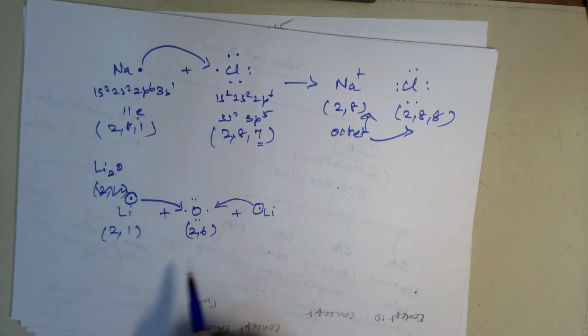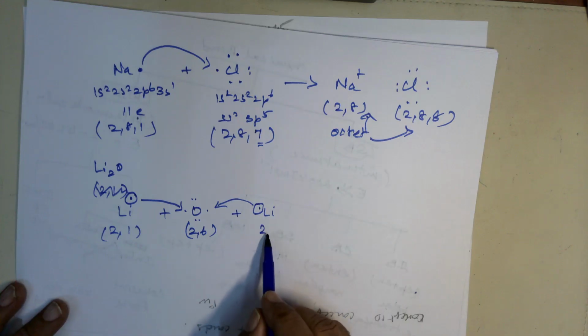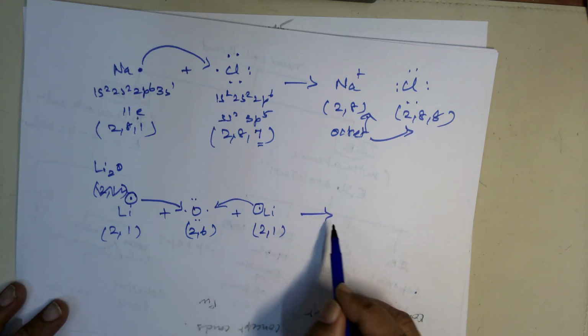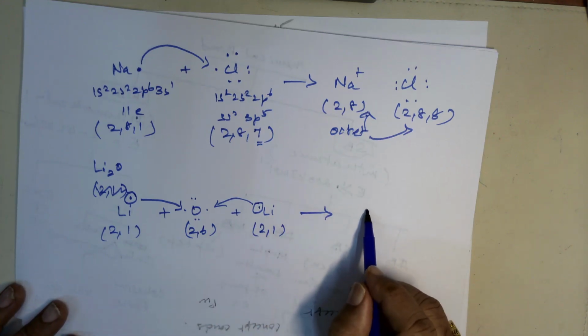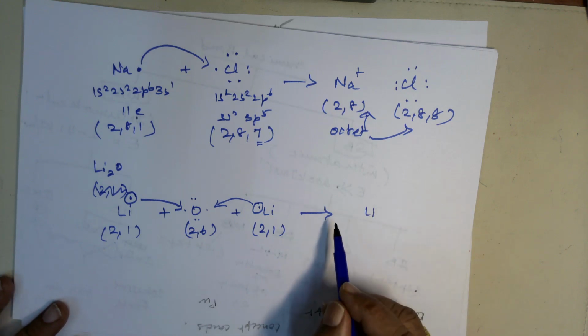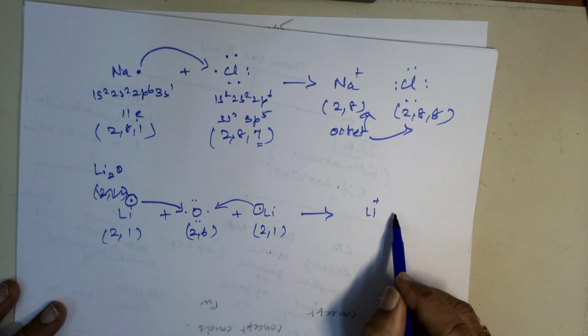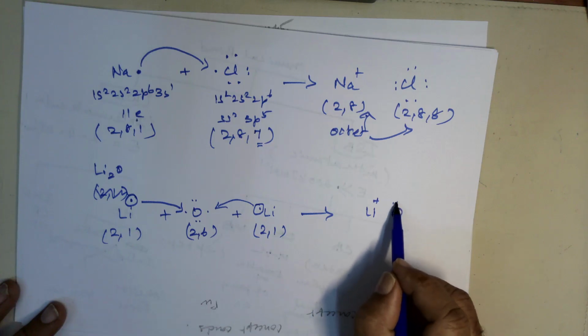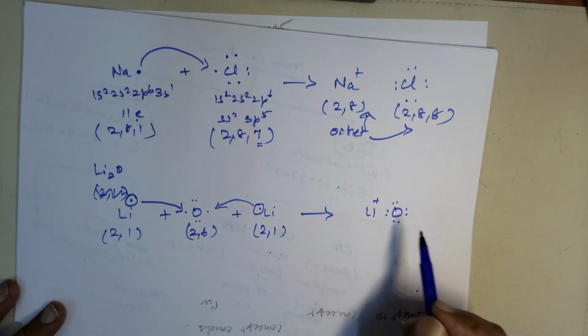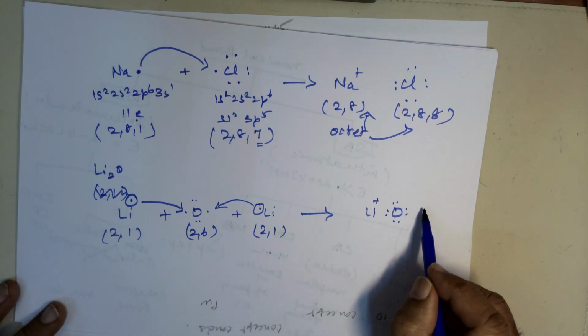Are you able to understand this? So that you have Li2O. So it means the Li will be like this, with a 1 plus charge. And oxygen attains 2, 4, 6, 8. And what about this lithium?